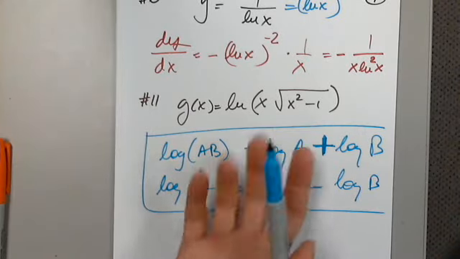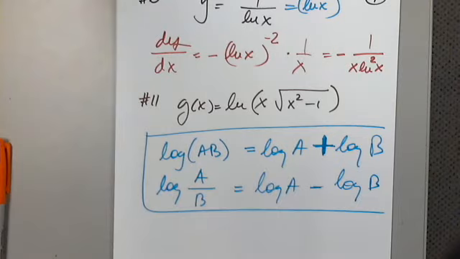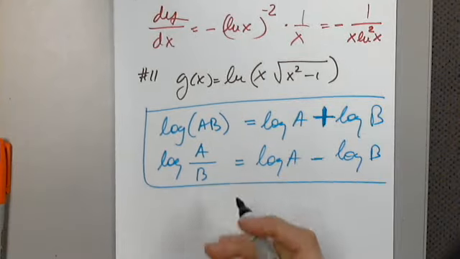Okay, so now let's go back to our function. We're asked to differentiate this. And you can say, just go ahead and differentiate it. Yes, I will. However, I would like to apply one of the properties that we see here. And there is one more, which we already discussed, that I'd like to add here.